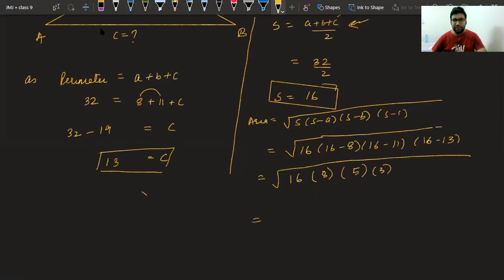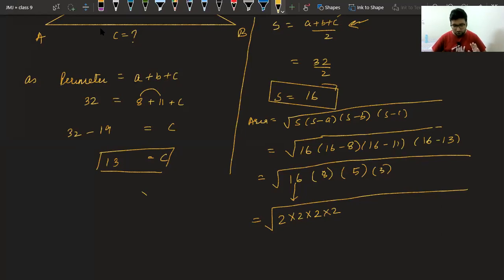First, tell me 16 can be written as, class, please confirm. No, 4 square, beta, it is not a prime number. Go for prime numbers only. It can be written as 2 into 2 into 2 into 2.